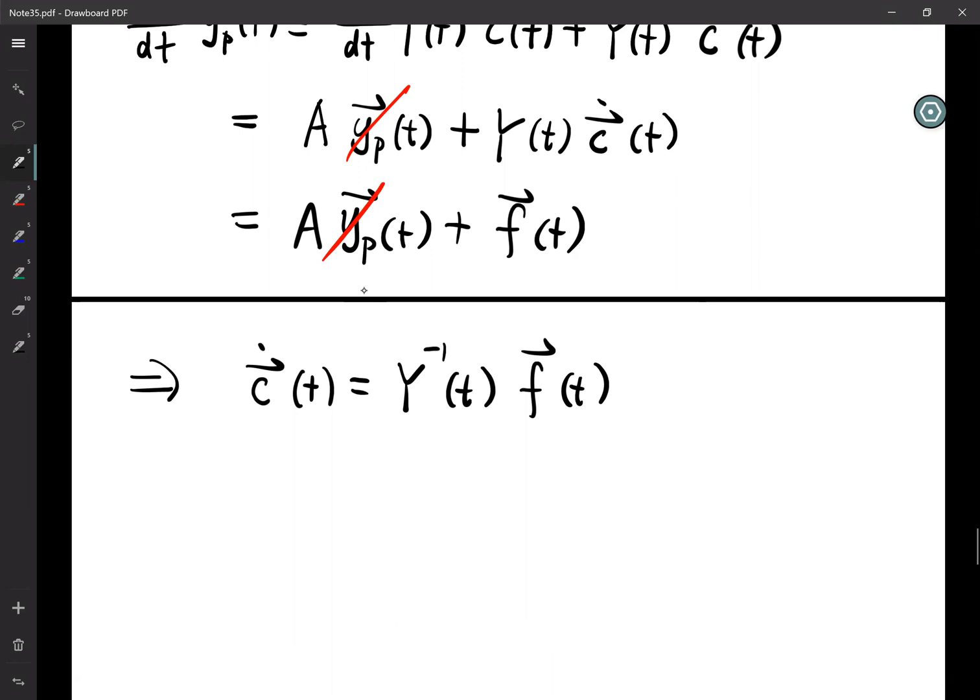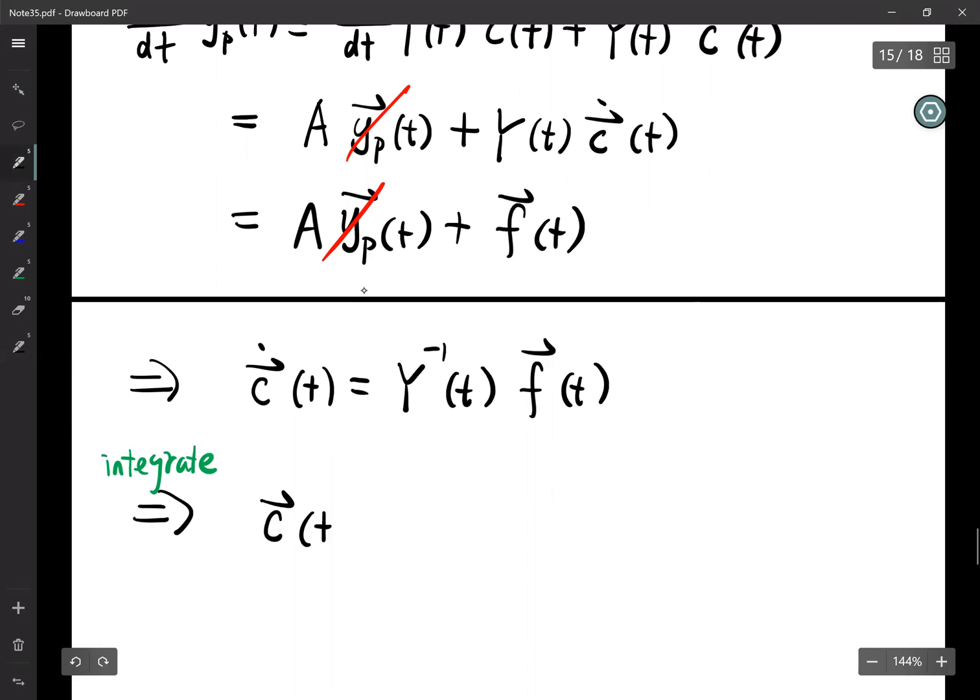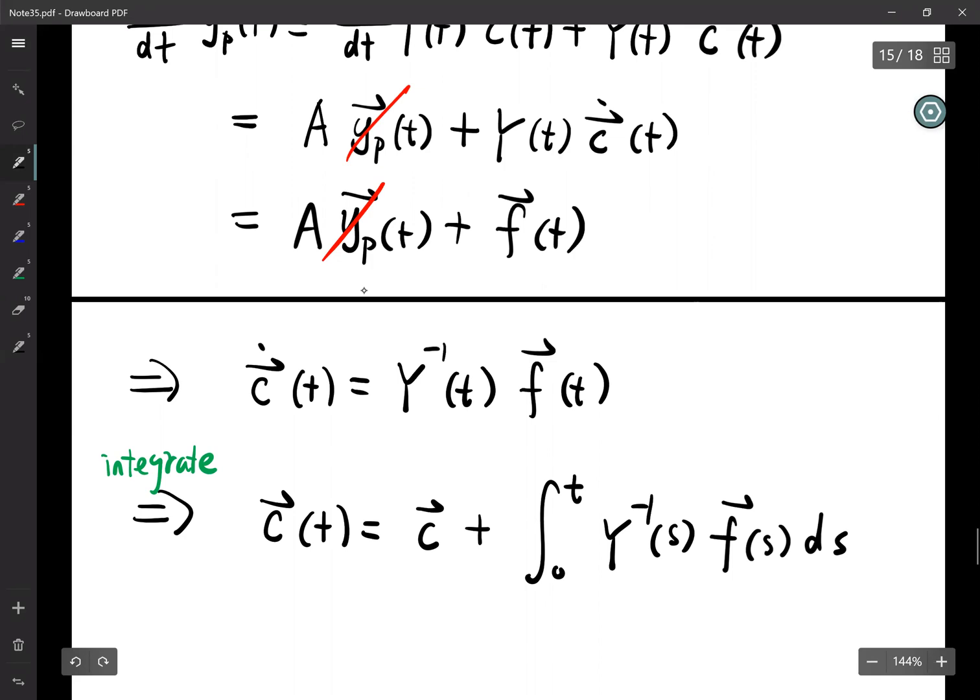So I can just integrate and find that c(t) actually has a closed form solution: a constant vector c plus the integral from 0 to t of Y^{-1}(s) f(s) ds, with a dummy variable s.